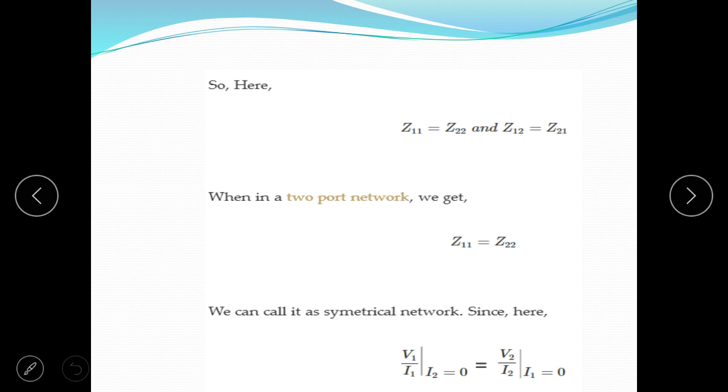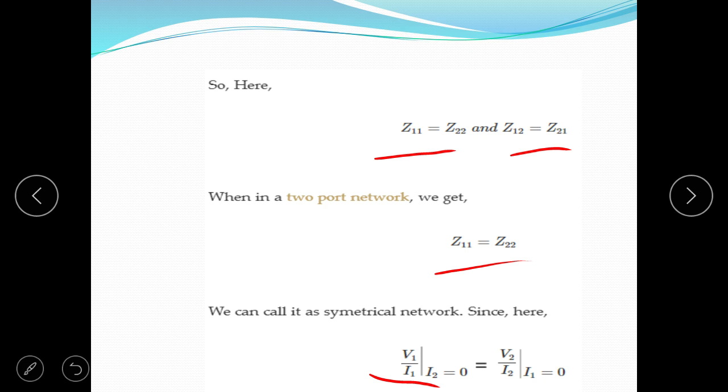So here the value of Z11 is equal to Z22 and Z12 is equal to Z21. When in a two-port network we get Z11 equal to Z22, we can say this network is a symmetrical network, since V1 upon I1 when I2 is equal to 0 is equal to V2 upon I2 when I1 is equal to 0.